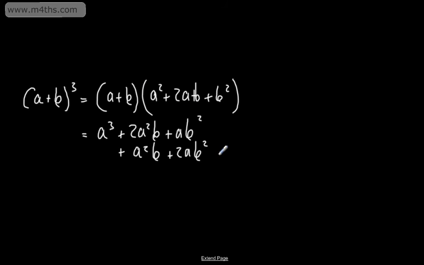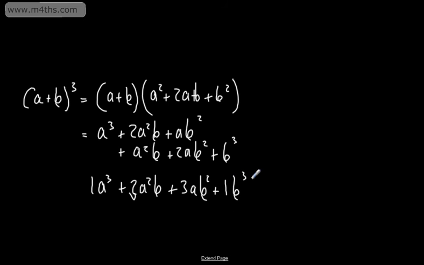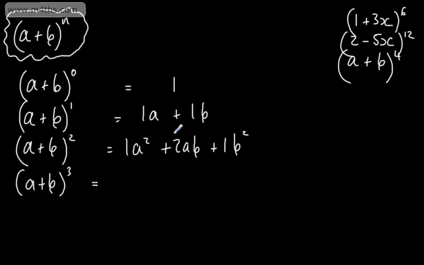And then we're going to finish off now with b multiplied by b squared, which is going to give me b cubed. Tidying this up, I've got 1a cubed plus 2a squared b plus 3, the 2 and the 1, plus 3ab squared plus 1b cubed.